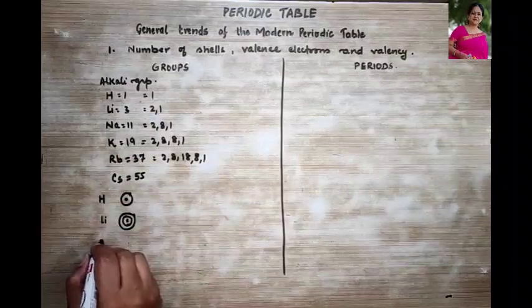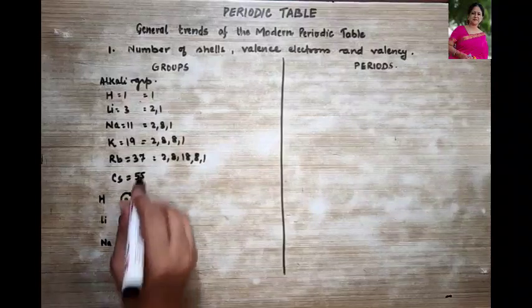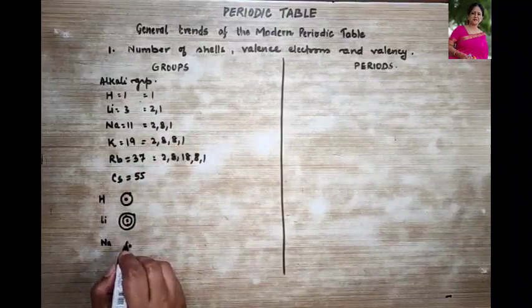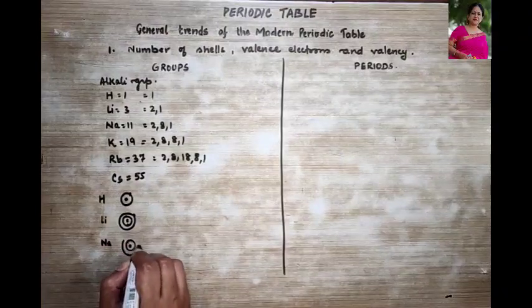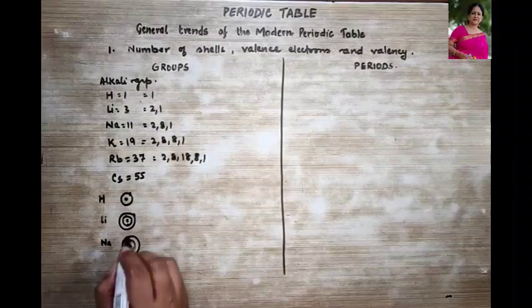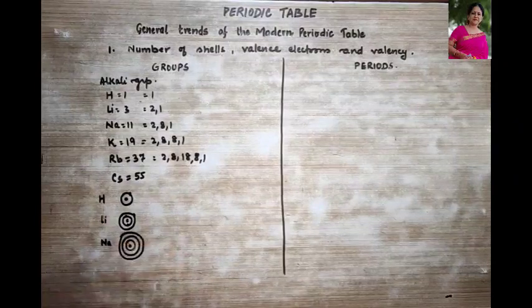Then look at sodium. This is the nucleus, then 2, 8, 1, which means 3 shells: 2 electrons in the first, 8 in the second, and 1 in the next shell.